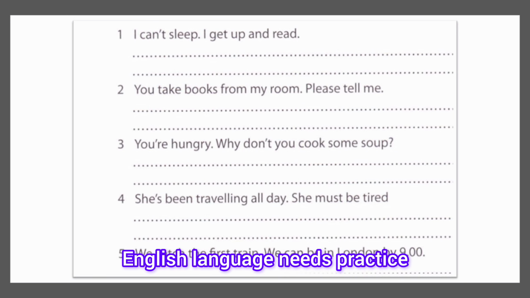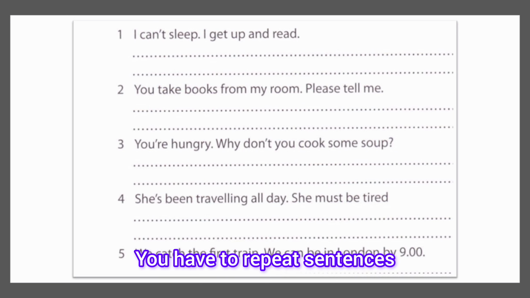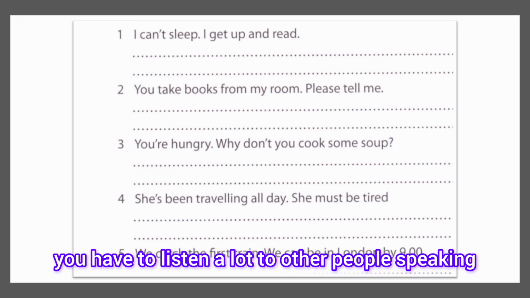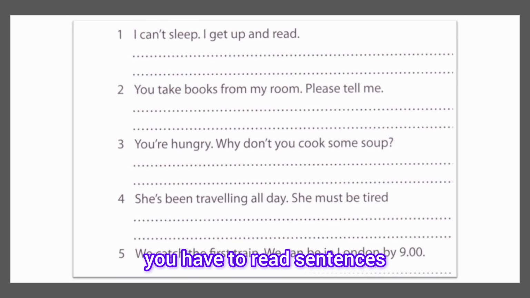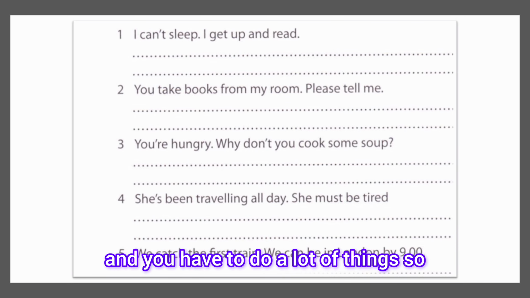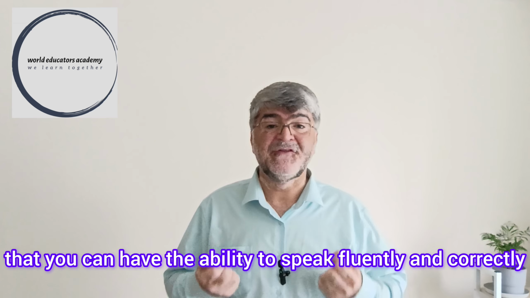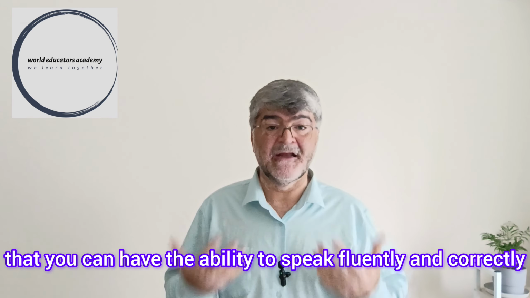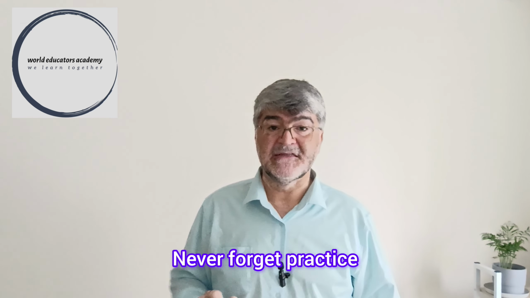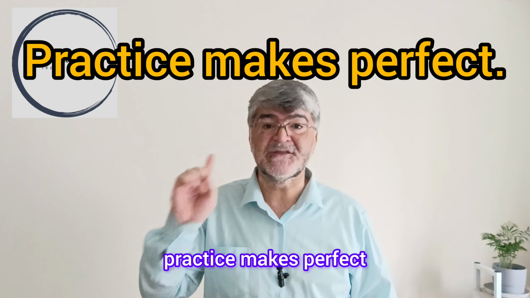English language needs practice. You have to repeat sentences, you have to listen a lot to other people speaking, you have to read sentences, and you have to do a lot of things so that you can have the ability to speak fluently and correctly. Never forget practice. As I usually tell you, practice makes perfect.